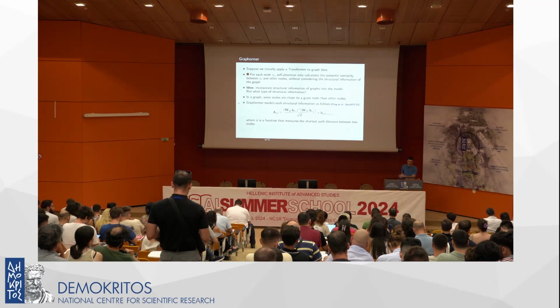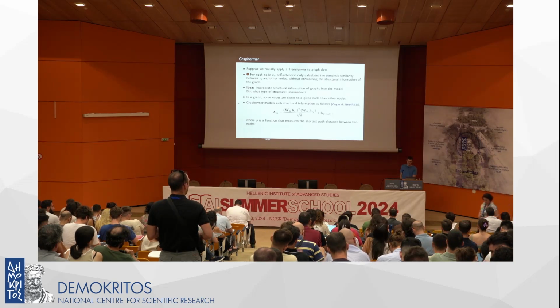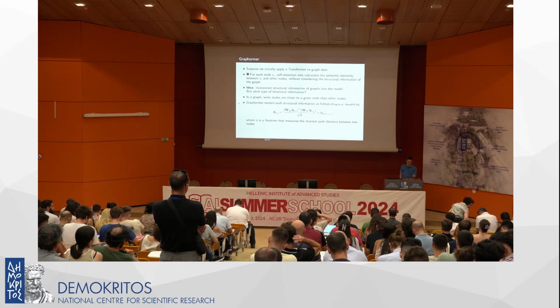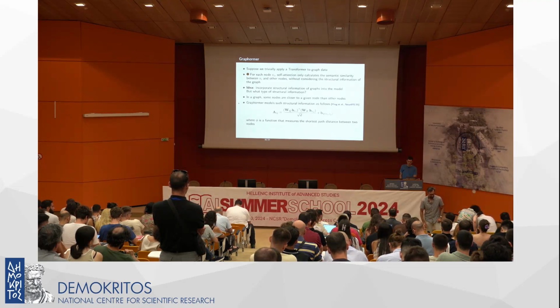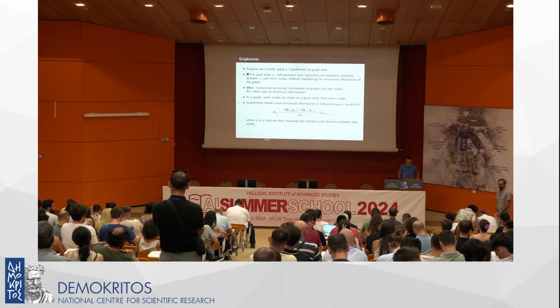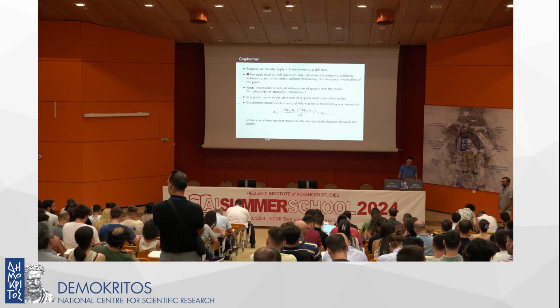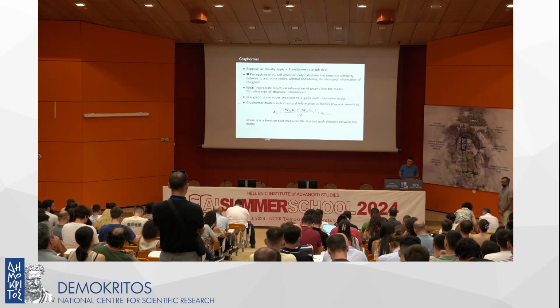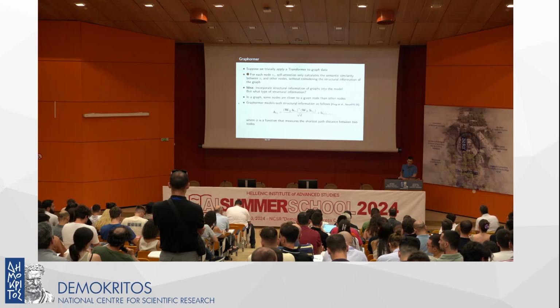For the message passing models, they are very efficient. The time complexity is linear to the number of nodes, or linear to the number of edges, I'm sorry. So we can apply the message passing models to any graph, I would say, not billions or trillions of nodes, but we can handle millions of nodes on a conventional machine.